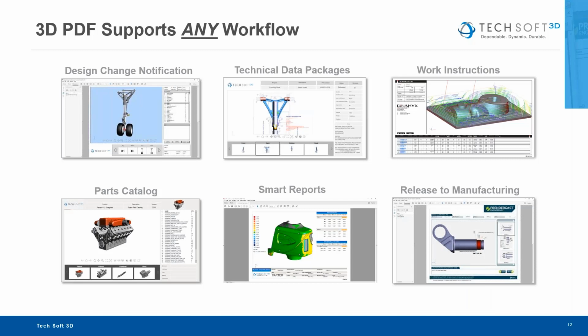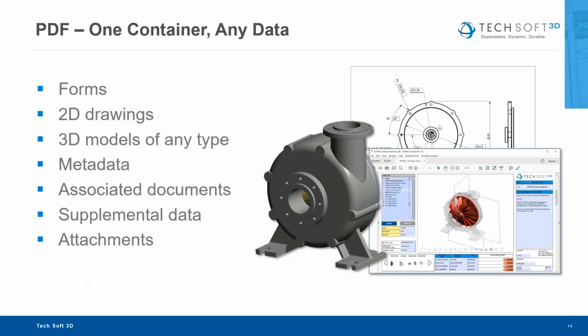First thing to mention here is that the PDF platform is already used in almost every workflow you can imagine, including the ones that are up here on the screen, largely because of how easy it is to move that information around, how consumable it is for everyone else, and the addition of 3D data into a PDF file gives you the capability for a much better user experience, and I think we'll give you some proof of what we mean by that in a minute.